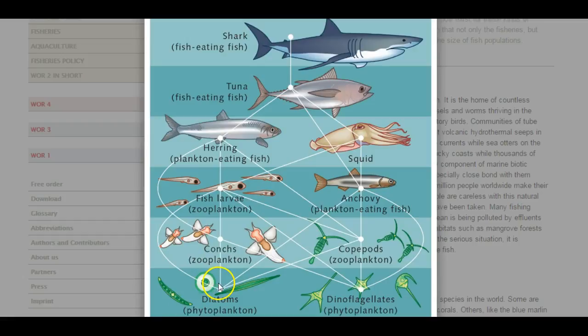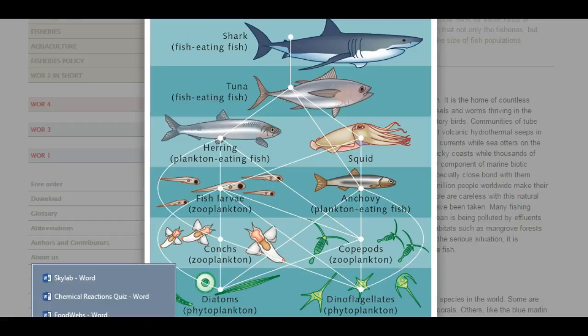So these don't, but they show the direction of energy flow. In a food web, that's the correct way. So the arrow should be going from the diatom to the conch to the fish larvae to the herring, and so on. And you might see them different ways, but that arrow shows movement of energy for the most part.